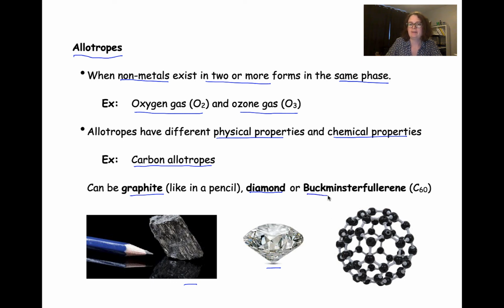We also have this neat molecule called Buckminster fullerene, which is 60 carbon atoms arranged in this sphere structure that looks kind of like a soccer ball, right? Again, it's just carbon, but it's arranged in a very particular way that gives it a different shape than we would see in a diamond and different properties. So allotropes have the same element composition, but they exist in slightly different connectivities that give them different properties.